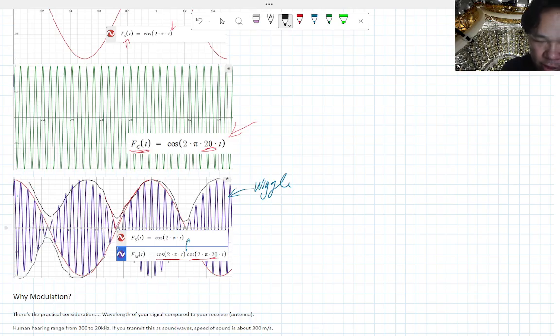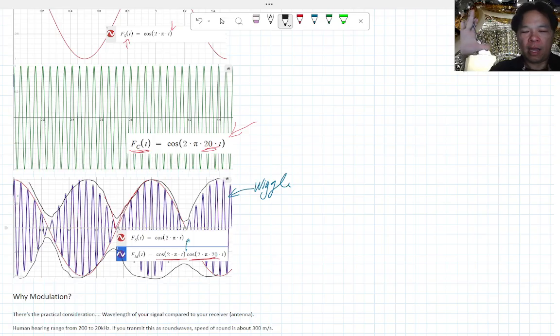Those of you who remember your wave analysis in your general physics class, these are called the beat frequencies. These are where the amplitude gets large and then small, large and small.